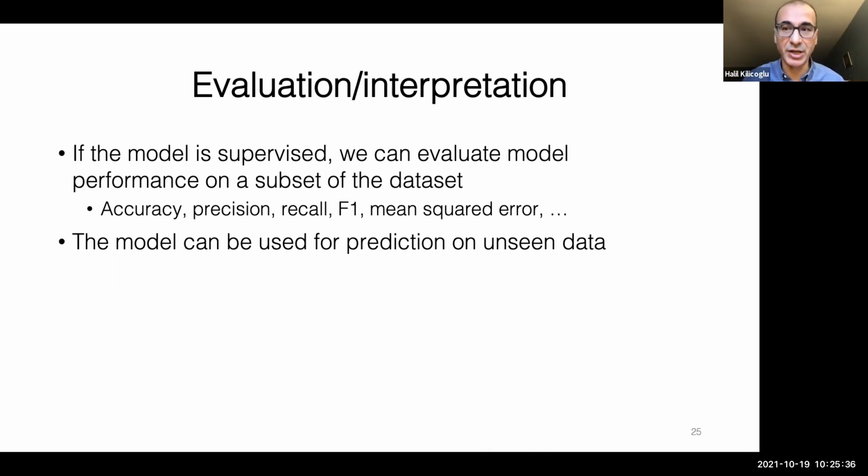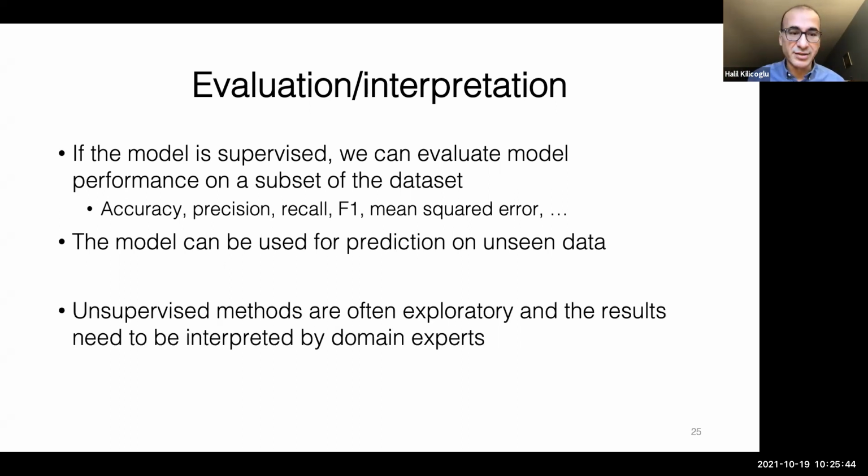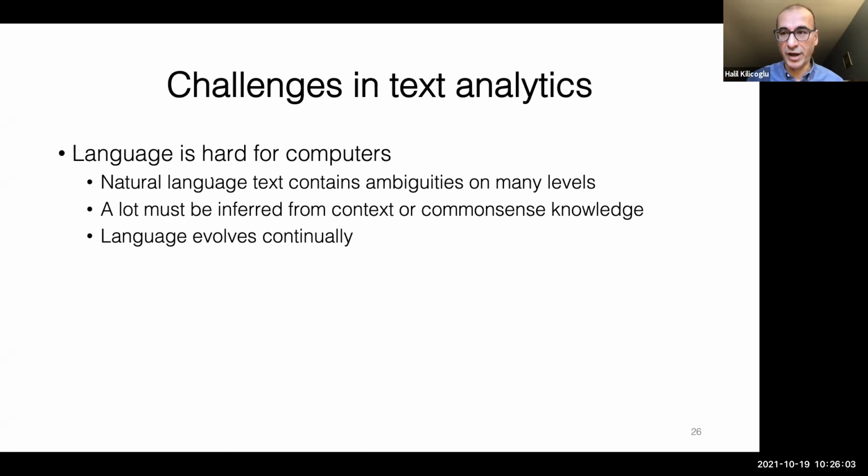We get an estimate of that using metrics such as precision, recall, F1. And then we can use it on unseen data. On the other hand, unsupervised methods, clustering and topic modeling, are mostly exploratory. They're intended to give you some insights by looking at the output. Even though they have evaluation metrics, they're not for prediction in the same way.